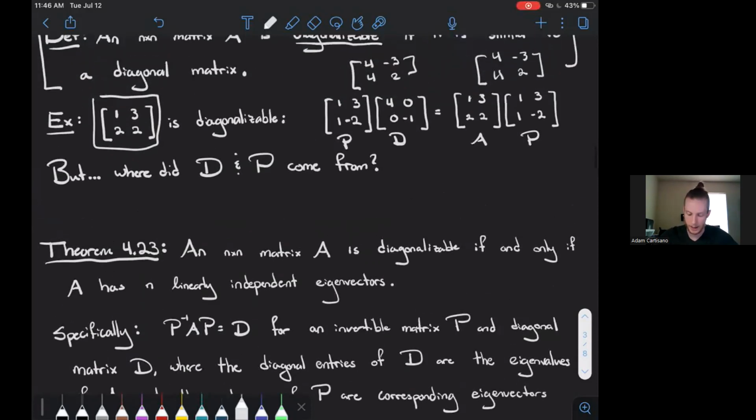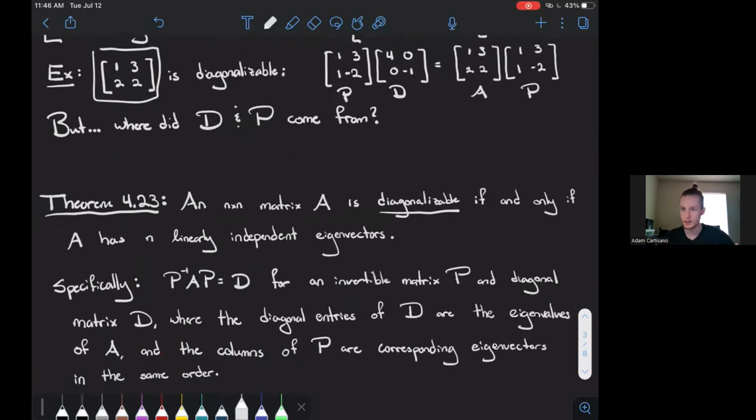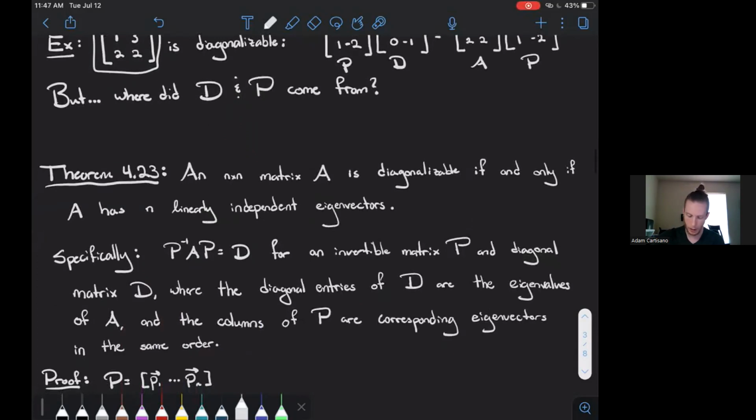Of course, A is diagonalizable. What that means is that A is similar to D, the diagonal matrix. If and only if A has n linearly independent eigenvectors, what are those eigenvectors? Those eigenvectors are the columns of P. And it's more specific than that.